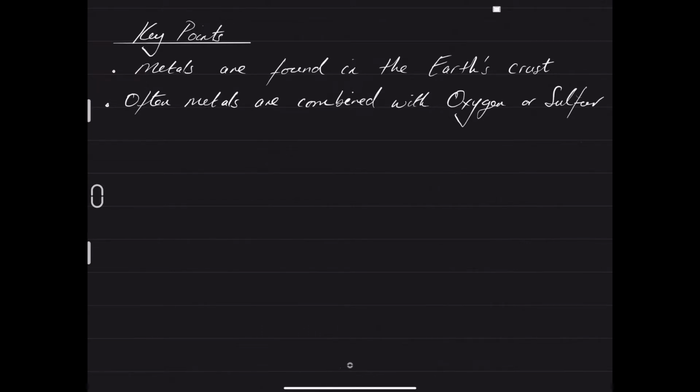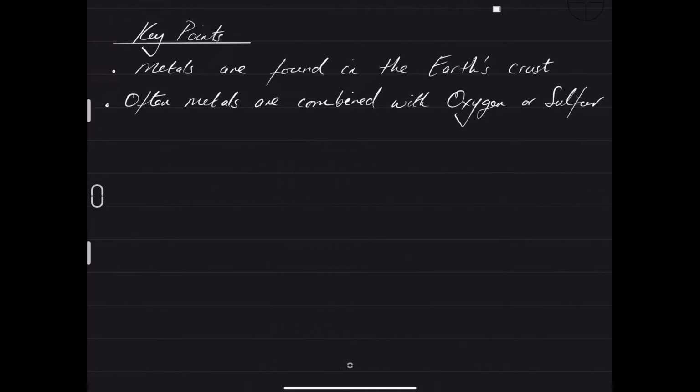When we're talking about metal extraction, we generally talk about metal ores. Now, a metal ore is where there is enough of the metal in a rock that makes it worthwhile extracting.